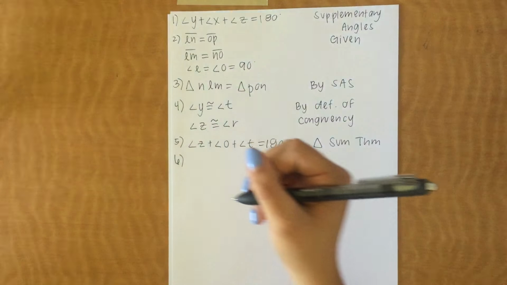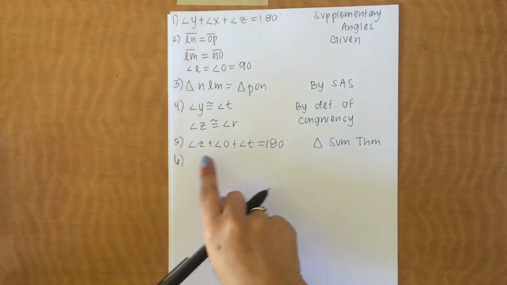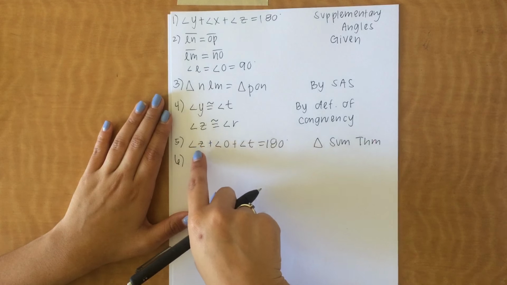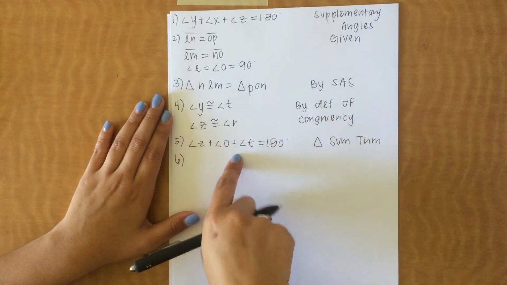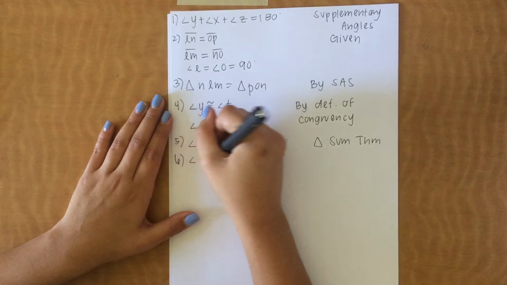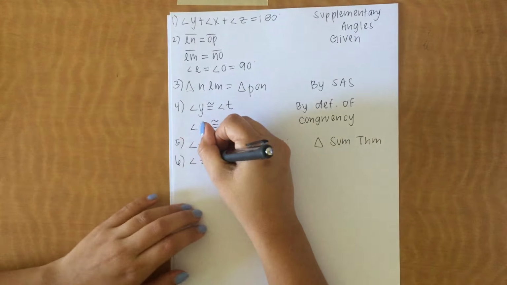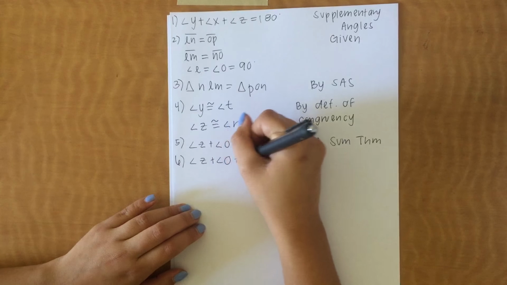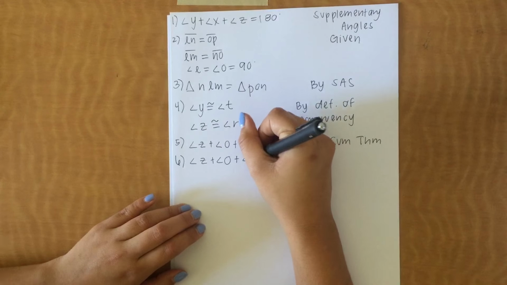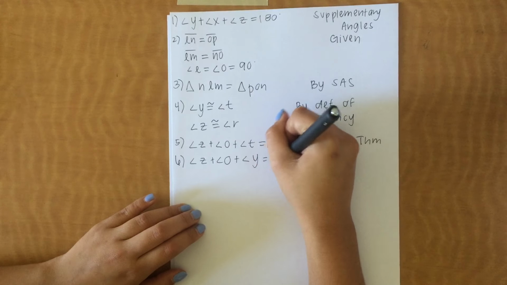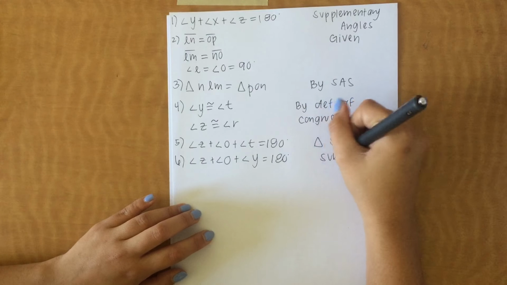And then we can just replace the T with a Y, since we wanted to find a relationship between Y and Z. So angle Z plus angle O plus angle Y is 180. This is substitution.